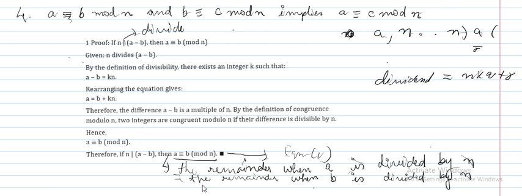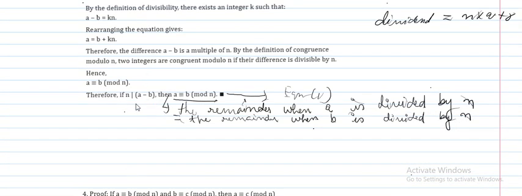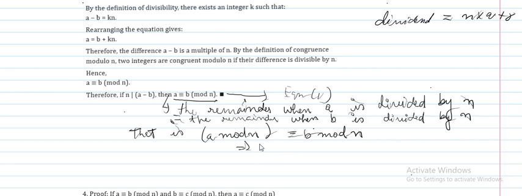So this means that a mod n is congruent to b mod n. So we can write this, a is congruent to b mod n. So this is the proof for property 2.